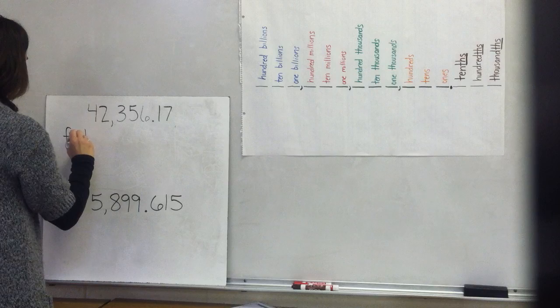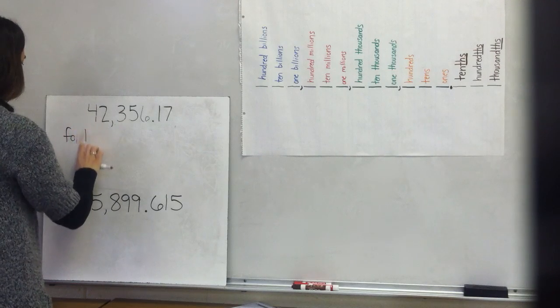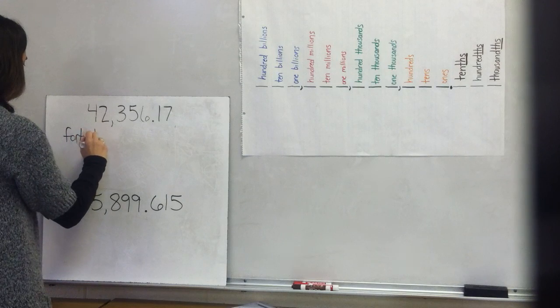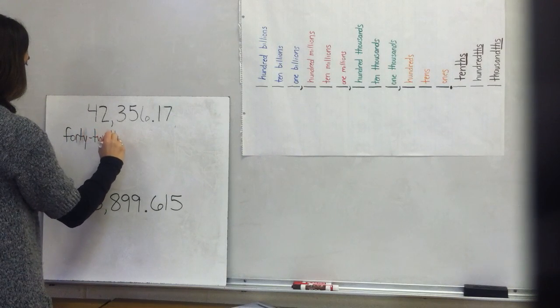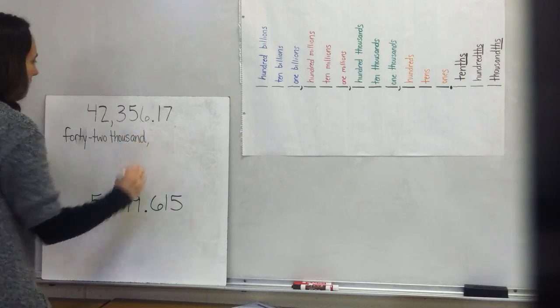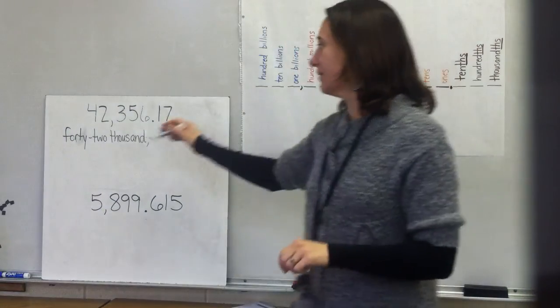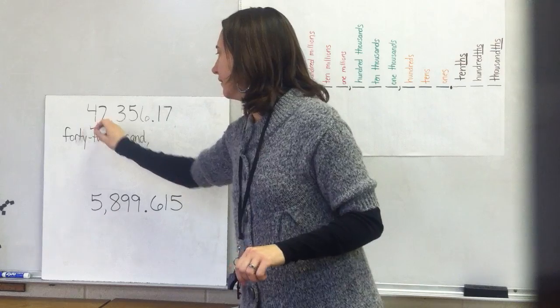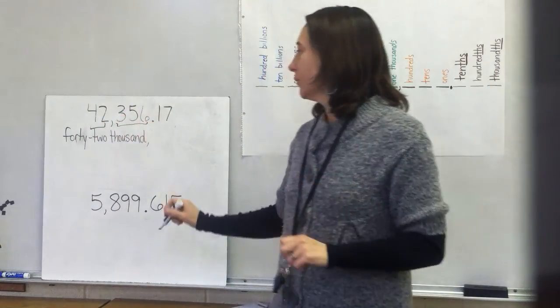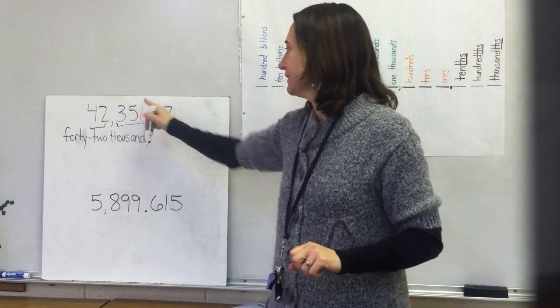42,000. That's this period here. And we need to do the next period. Read the whole number, which is 356.